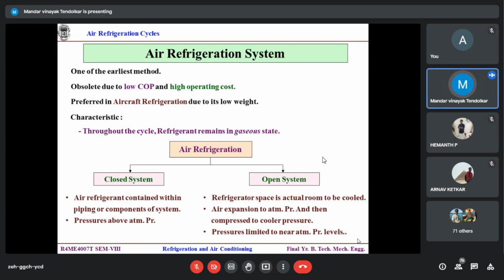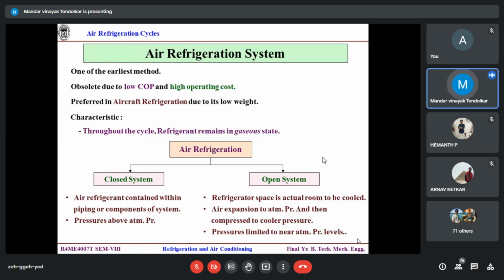Whereas for the open system, the refrigerated space is actually a room which you want to cool, like an aircraft cabin. That is why it is restricted to aircraft cabins. Free air also can come in, refrigerated air can come in, and maybe a mixing blend depending on the percentage you require. The air expands to atmospheric pressure.